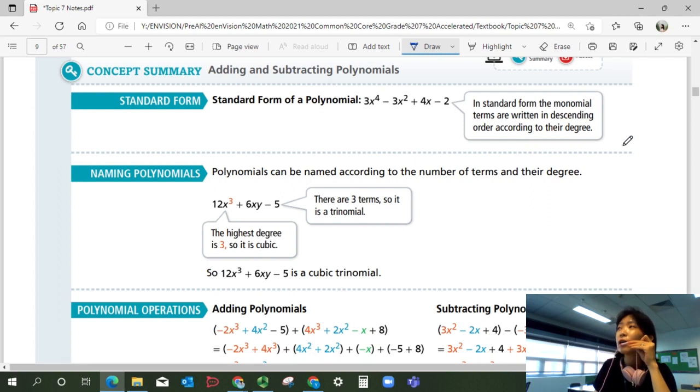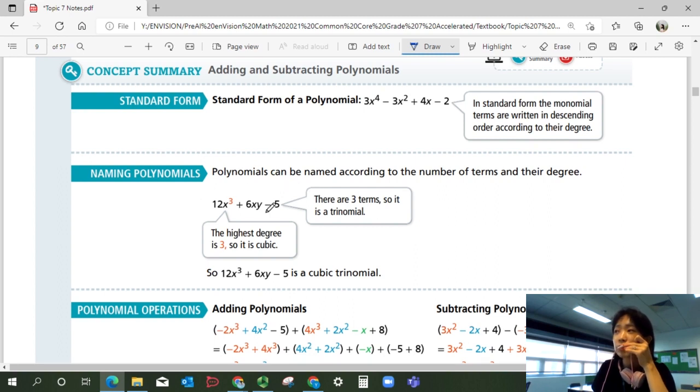So make sure that you know in standard form, monomial terms are written in descending order, not ascending order, okay? And their names come from the degree first, and then the number of terms after that.